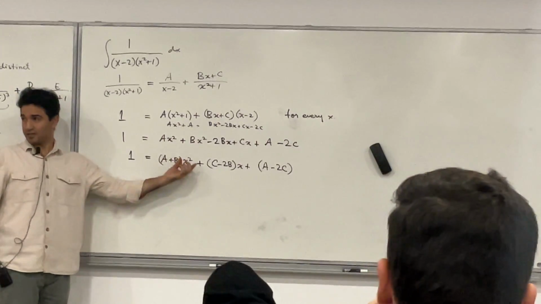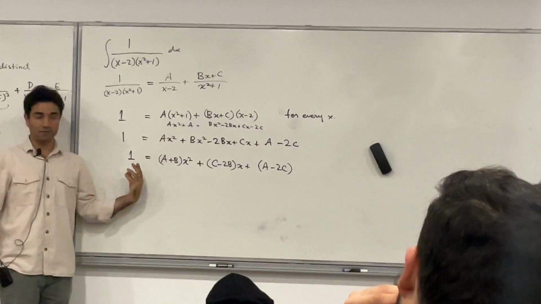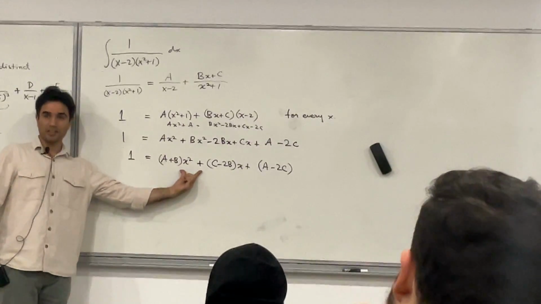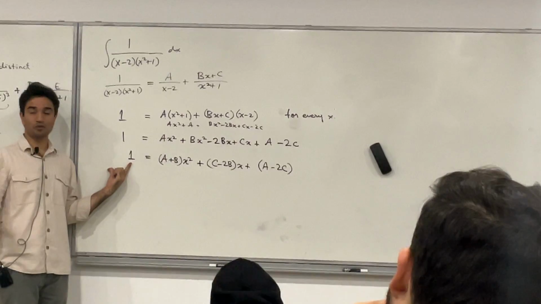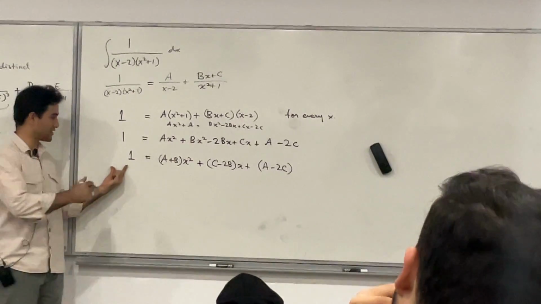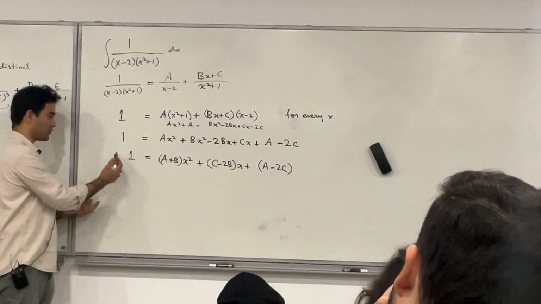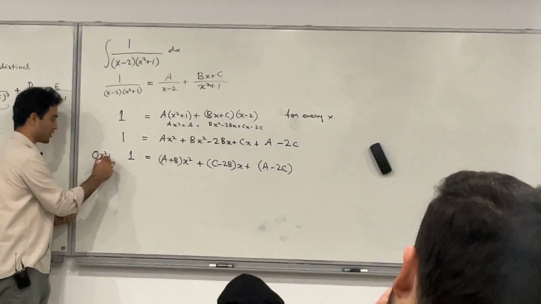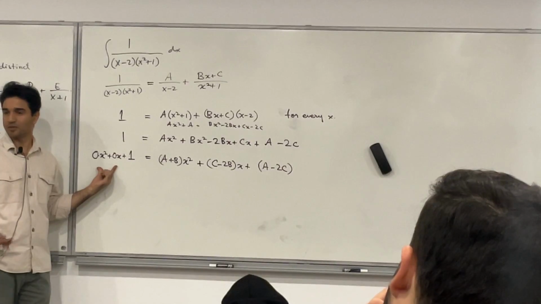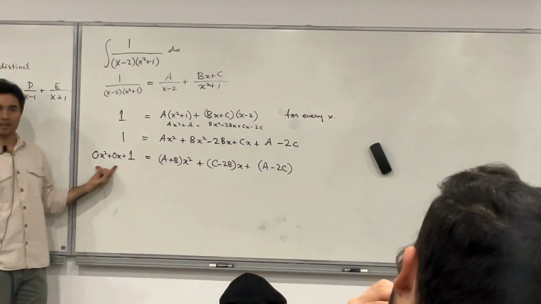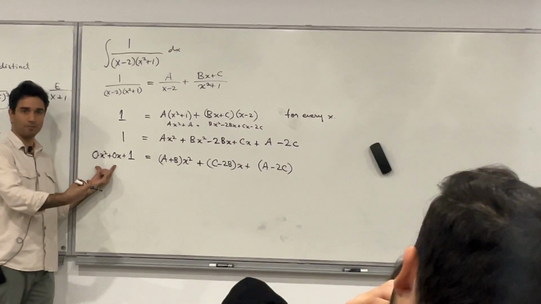The only way this is true for all x is if this polynomial is the same as the polynomial 1. And here you should think of 1 not as a quadratic, but as 0x squared plus 0x plus 1. x squared has coefficient 0, x has coefficient 0, and then there is 1.